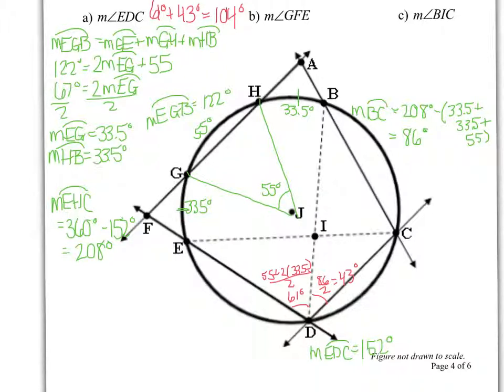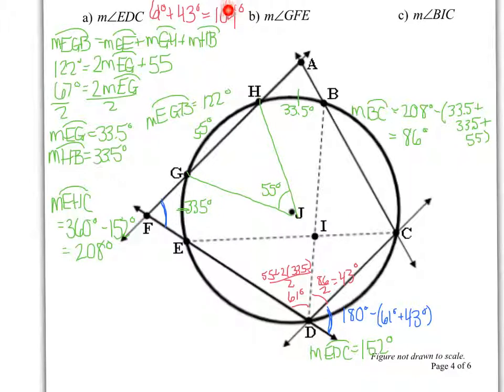I'm trying to find the measure of GFE. I know that this is parallel to this, so I could look at this being cut by a transversal and see that by alternate interior angles this is congruent, or by corresponding angles GFE is congruent to this part. Well, we have a straight line, so we have supplementary angles, meaning that this is 180 degrees minus 61 degrees plus 43 degrees.